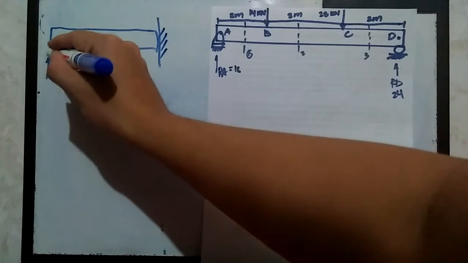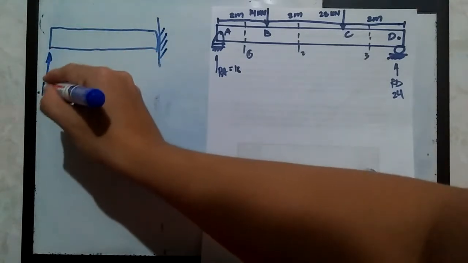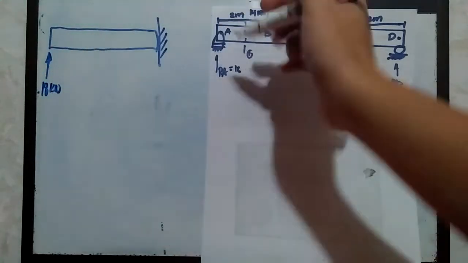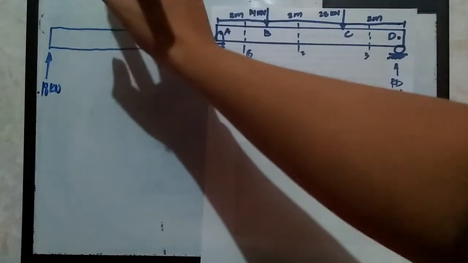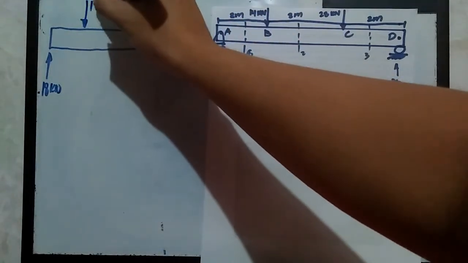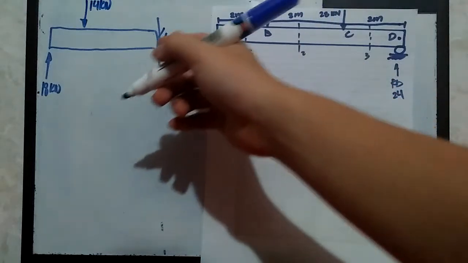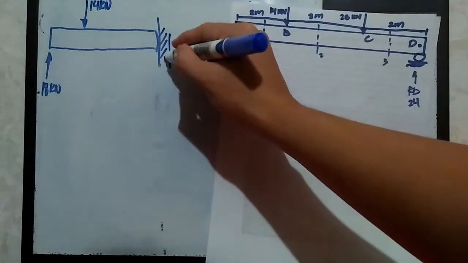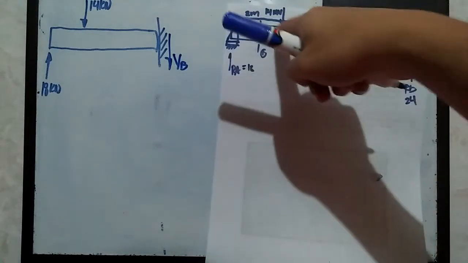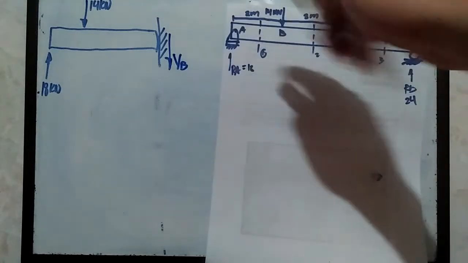We have here R sub A equivalent to 18 kilonewtons. And about 2 meters from A, we have 14 kilonewtons. Okay, this is 14 kilonewtons. And of course, this is the section where we have the shear force V sub B. Let's assign that as V sub B because we are already here at section B-C.